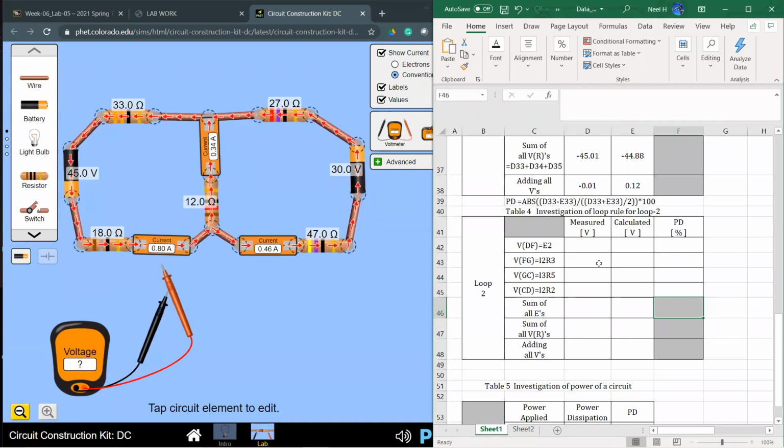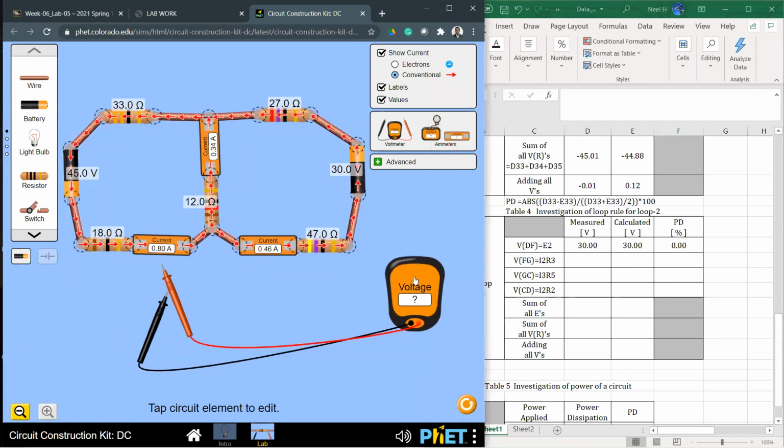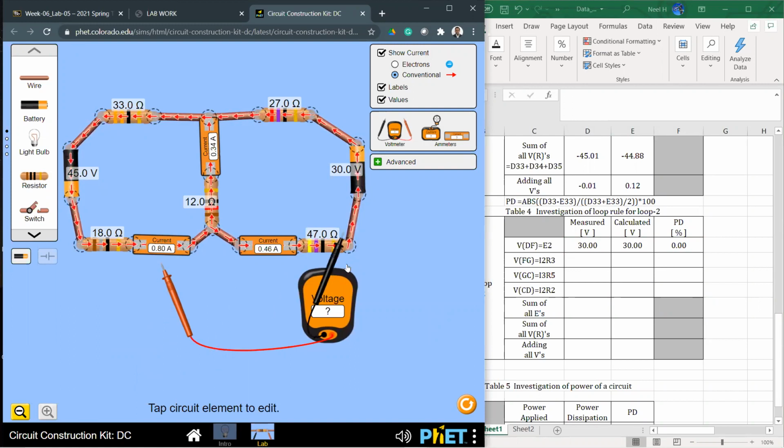Let's take a look at what the voltages given are. It's only battery number 2 in your right hand side corner. That's a 30 volt, right? So there's no calculated value for battery. Okay, that's going to be the same as the given value. And now let's measure, right? So let's bring the voltmeter. Then let's measure starting from the battery negative side to the positive side.